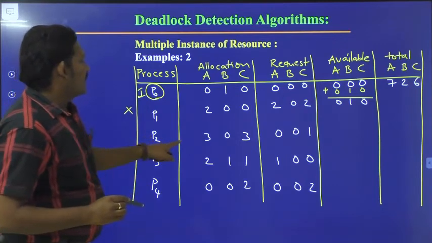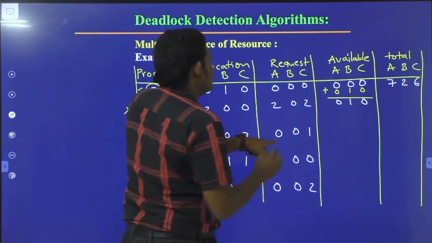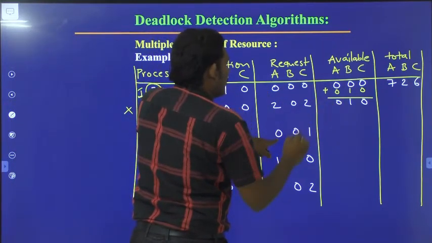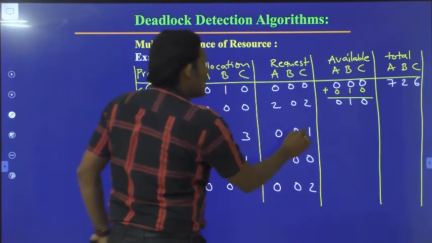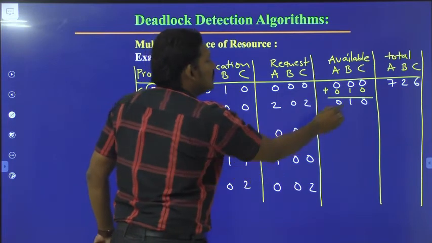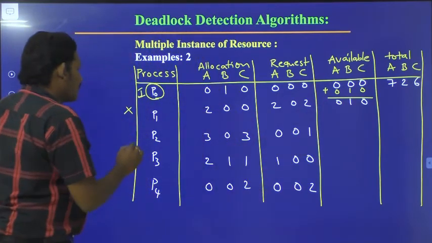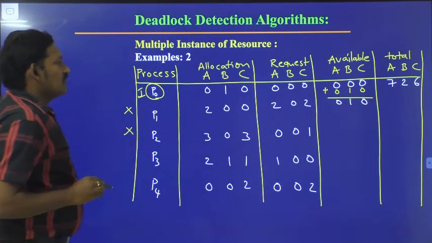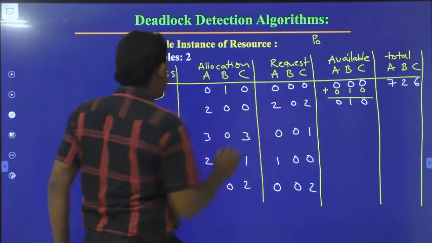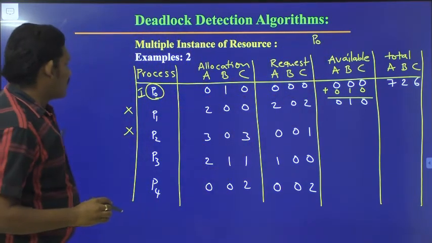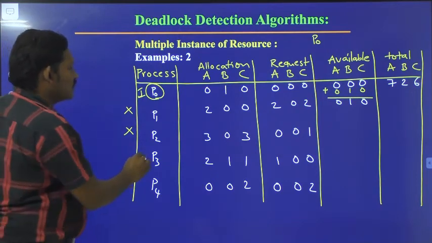Next P2, it requires 0 instances of A, 0 of B, but 1 instance of resource C, and we have 0. It is not possible. So P2 is also not possible. We will go with P3.